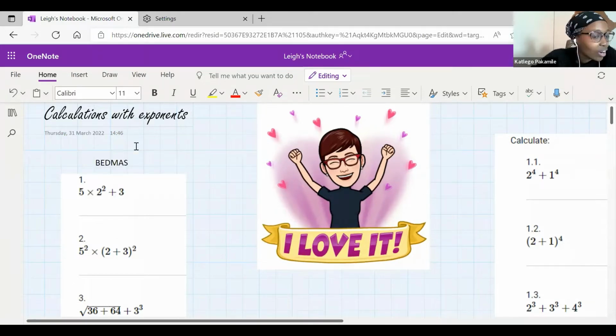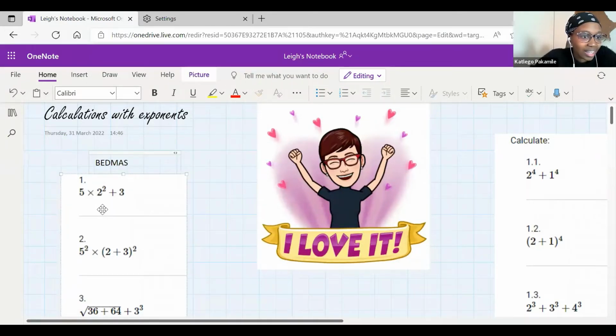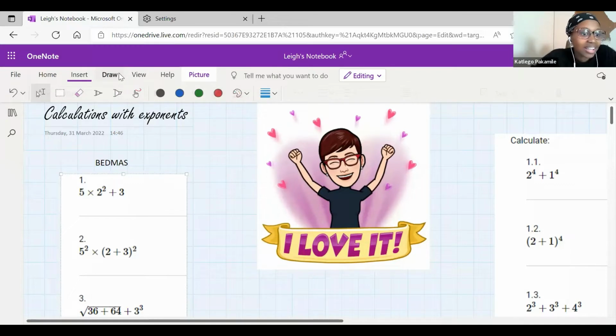O is off. Okay, it's fine. We'll fix it. D. Then D is divide. Okay. M. Then M is multiplication. Okay. Then A is addition. Yes. And S is? Subtraction.